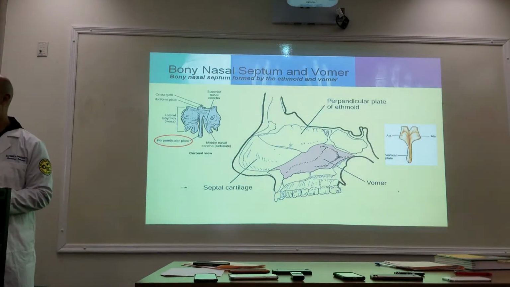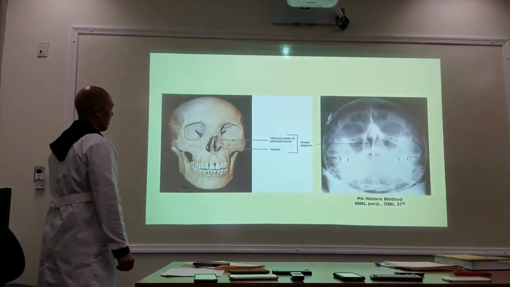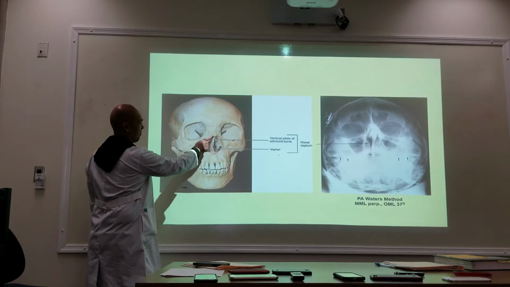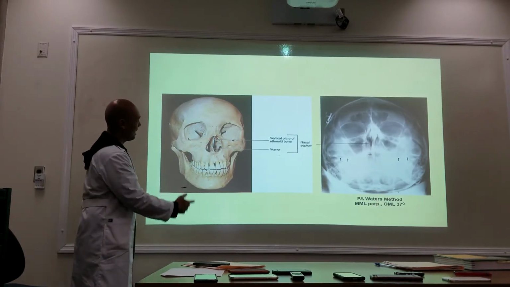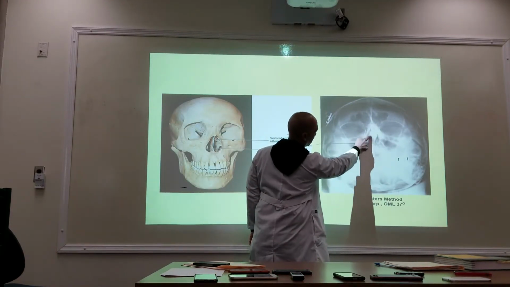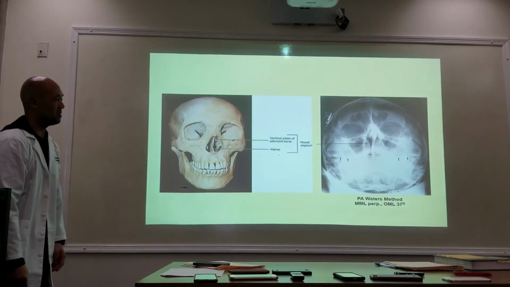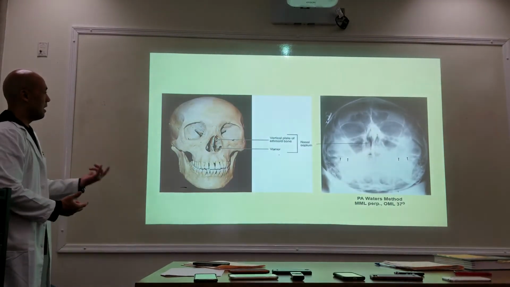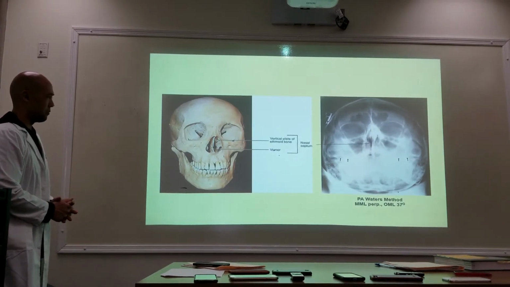You've got the vertical plate, you've got the ala, and I think I've got a better picture here. You've got the vomer, you've got the vertical plate of the ethmoid bone, and when you're looking at it in an x-ray, this very dense line going down the middle, this is the bony nasal septum. Okay, so again, the bony nasal septum is formed by the vertical plate of the ethmoid and then the vomer.